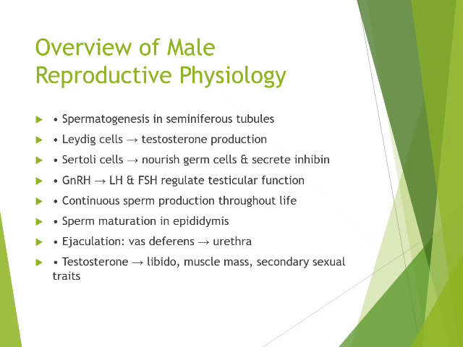Sperm maturation happens in the epididymis, which is a storeroom for the sperms. Ejaculation of the sperms is via the vas deferens and urethra to outside. Testosterone is a hormone responsible for libido, muscle mass, and secondary sexual traits.